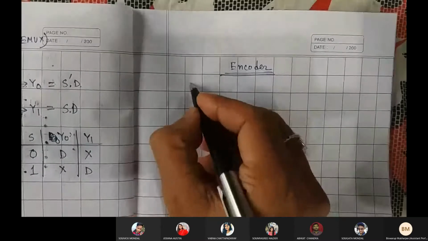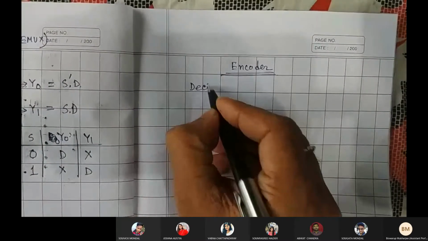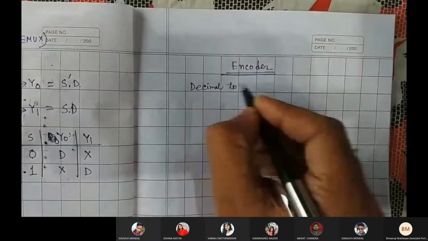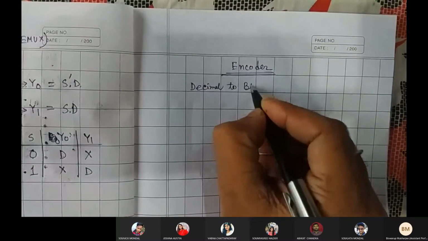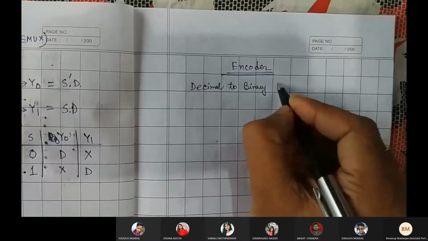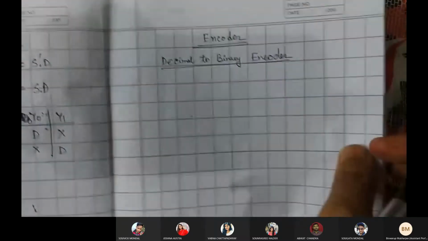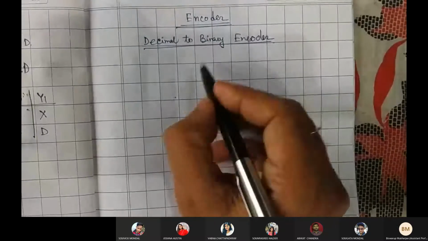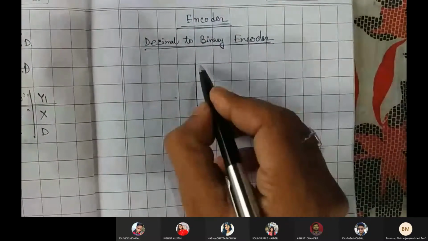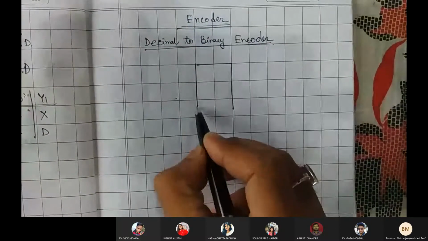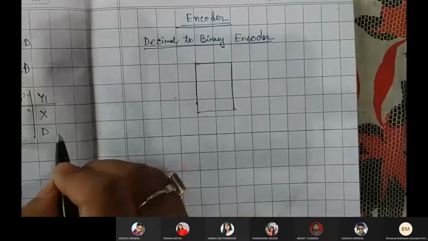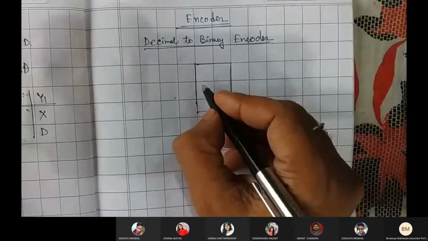So we're dealing with a decimal to binary encoder. For that, we should have such a block.